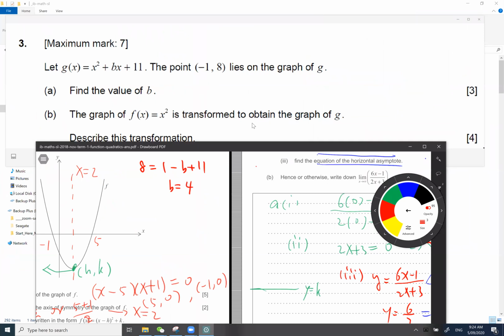Oh, they're asking how you transform f(x) squared to g(x). How you transform from here to here? For this question, you need completing the square.